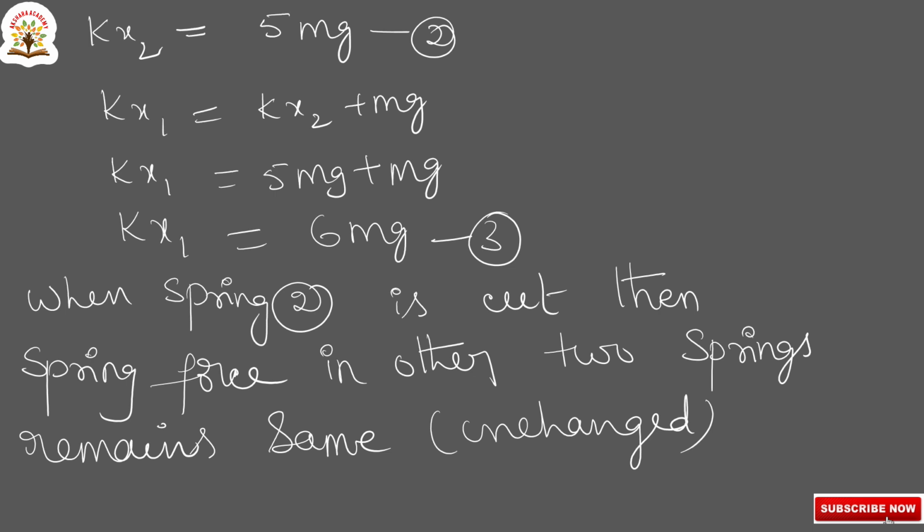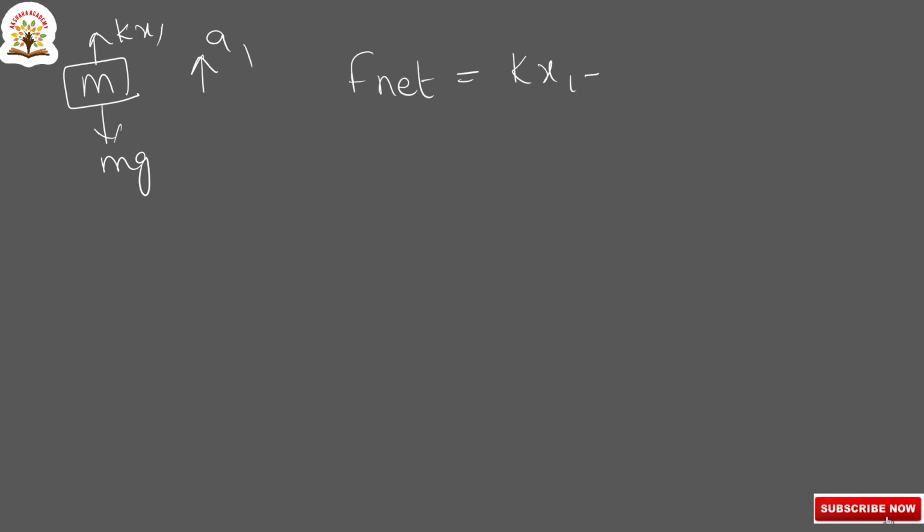So next we are taking mass m, with downward force mg and acceleration upward. So F net is equal to kx1 minus mg.